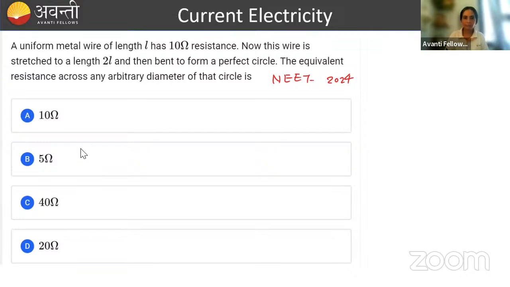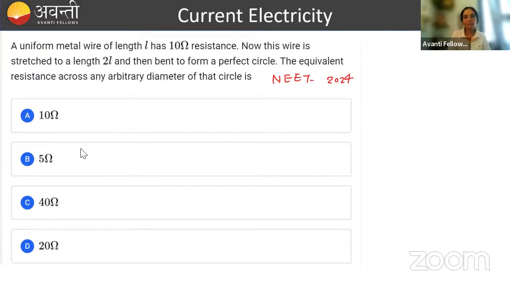I gave you the time. Only two of you got it correct. Let's see. Nobody. Nizamabad, Andaman, your answer is coming wrong. So okay, let's see.